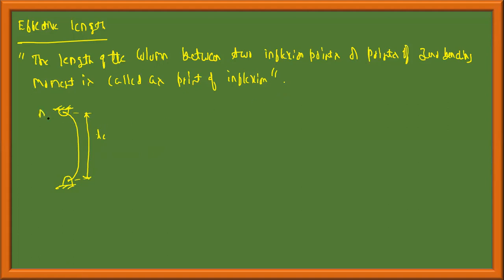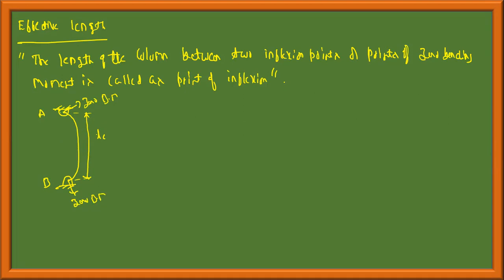So if I consider point A and point B, they are the points of zero bending moment. This is the point of zero bending moment. Hope you can understand this.